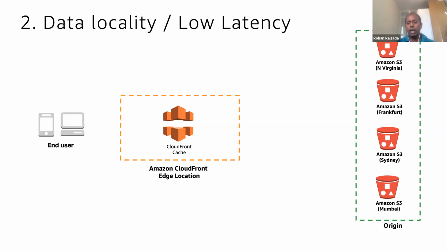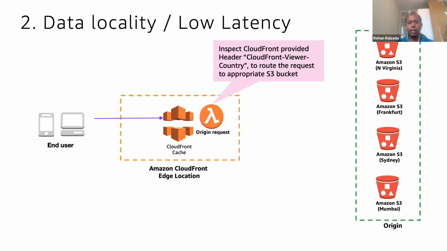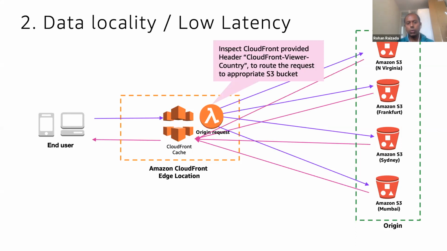However, when you leverage Lambda Edge, you can have a function which looks at appropriate values in the request based on the CloudFront viewer country, and then you can route the request to the appropriate S3 bucket. So you can have it routed to different locations.